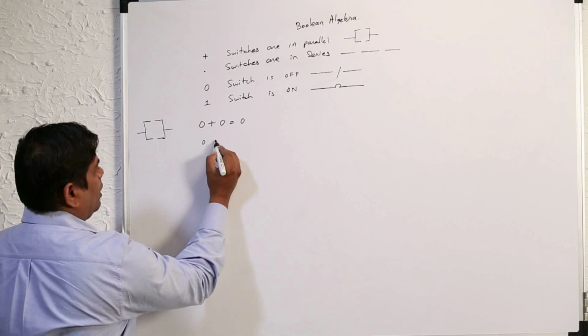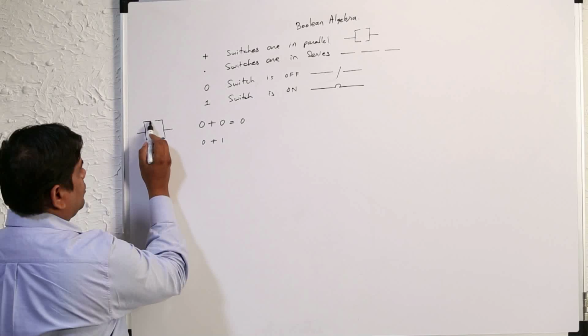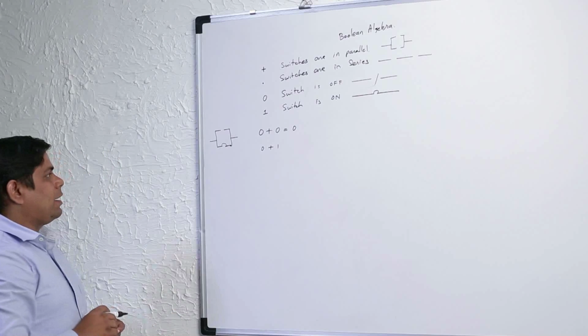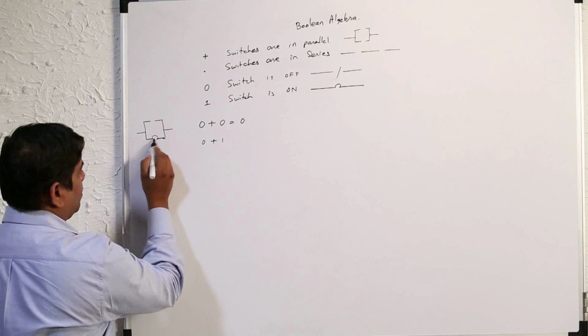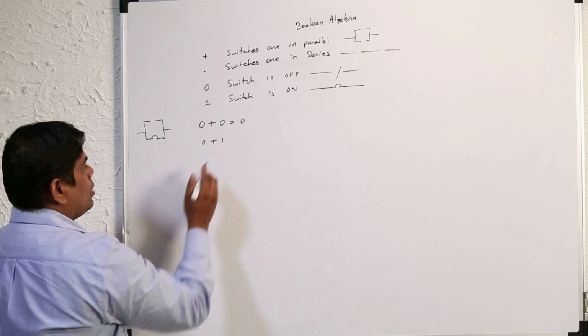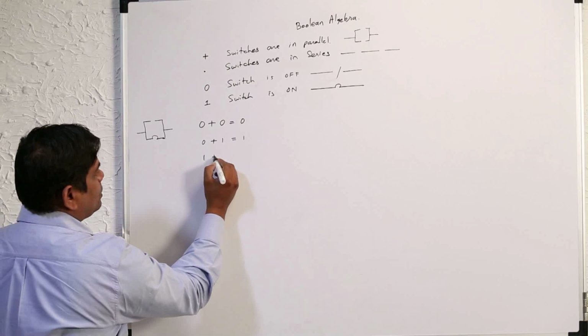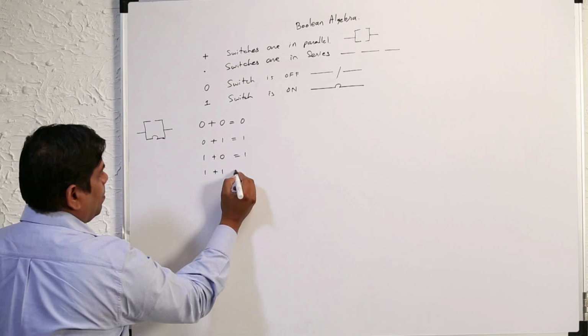Let us see what happens to 0 plus 1. Now you have a 0 switch, off switch, connected to an on switch. If you supply current here, it's going to reach here by this way. So 0 plus 1 is going to be 1. Similarly, 1 plus 0 is going to be 1, and 1 plus 1.